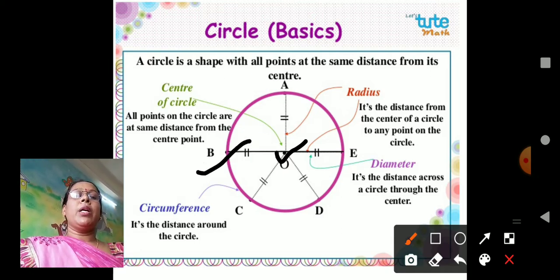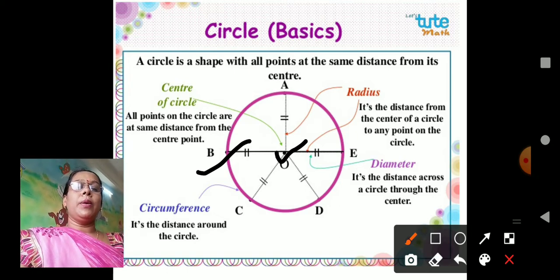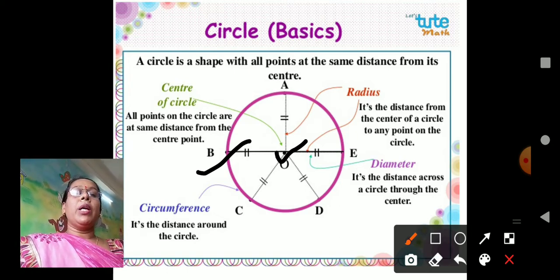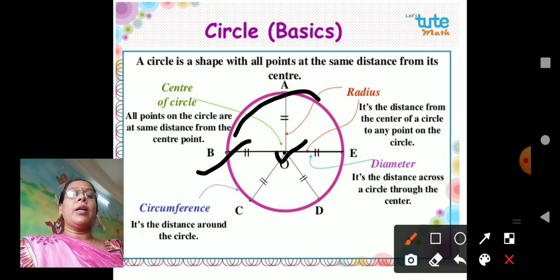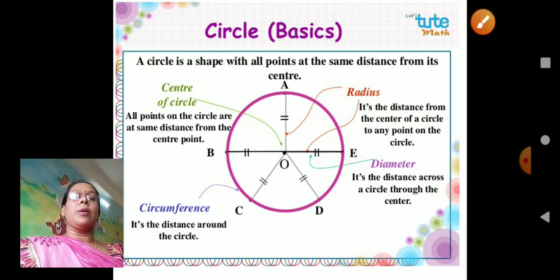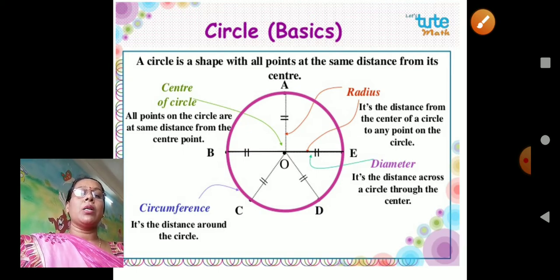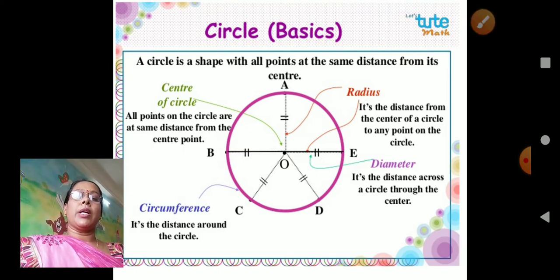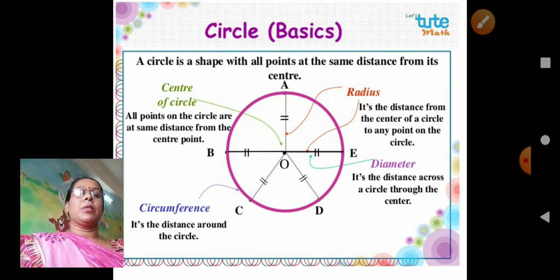This segment AB is called the diameter of the circle. And the pink circular line is called the circumference of the circle. All these are the basic parts of the circle: center, radius, diameter and circumference.